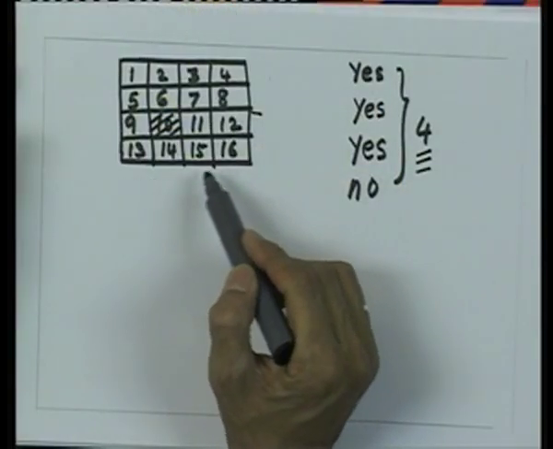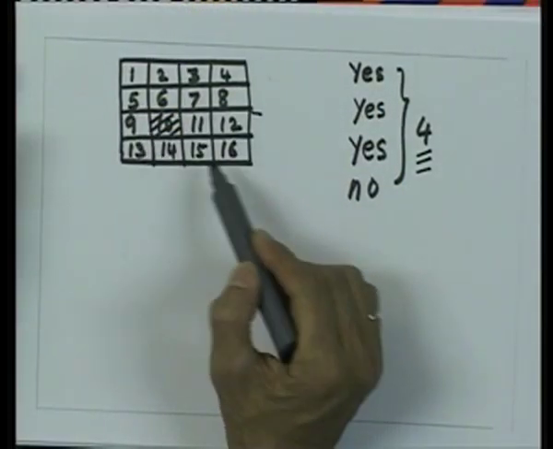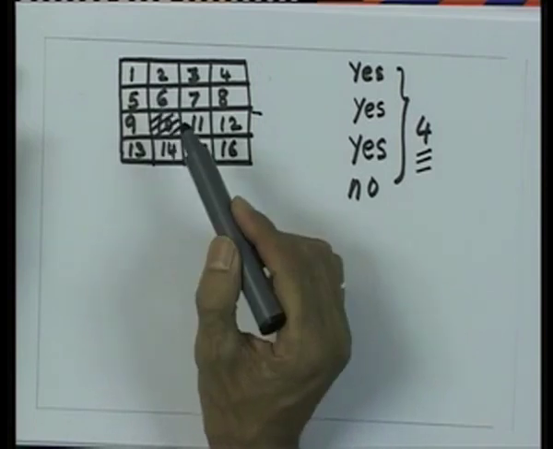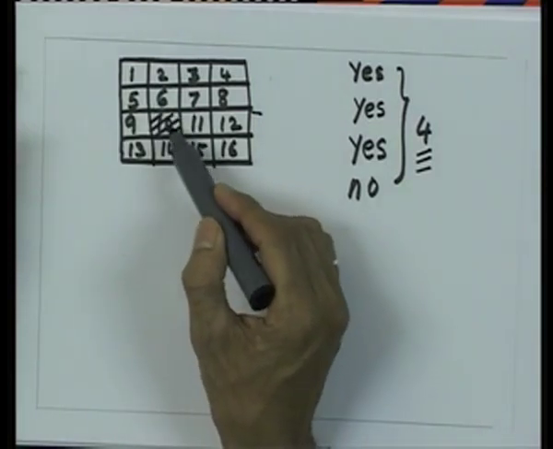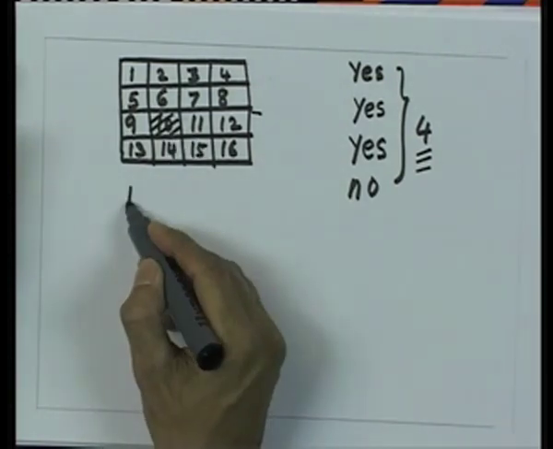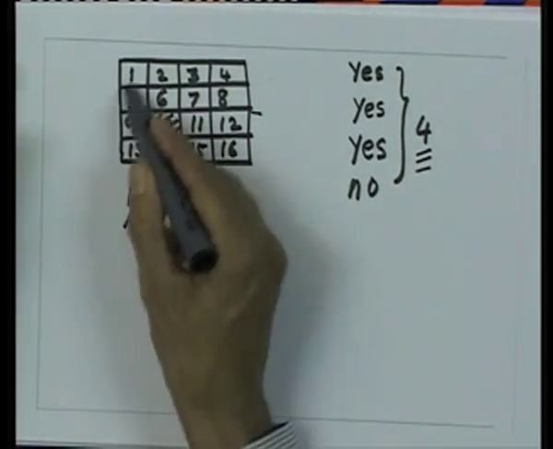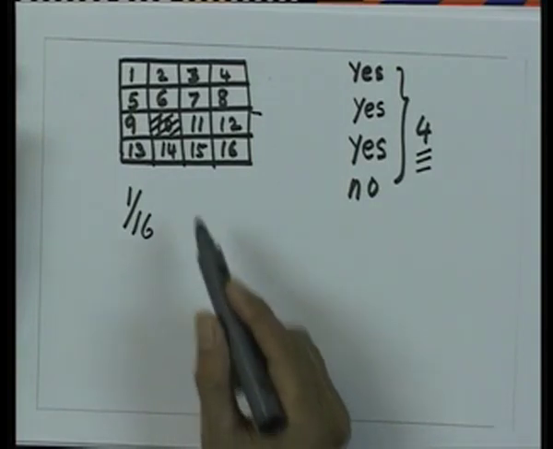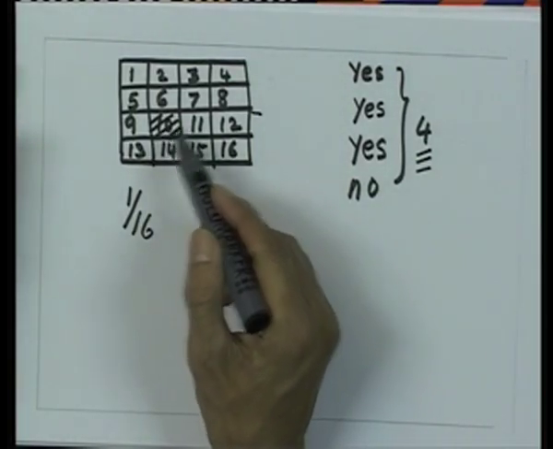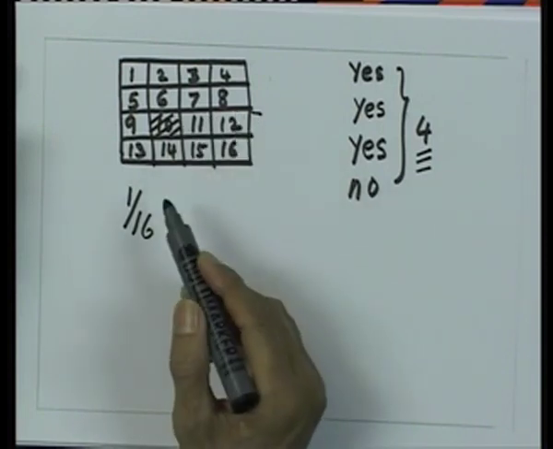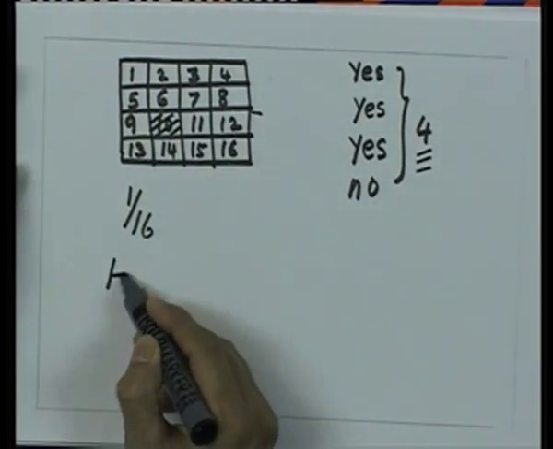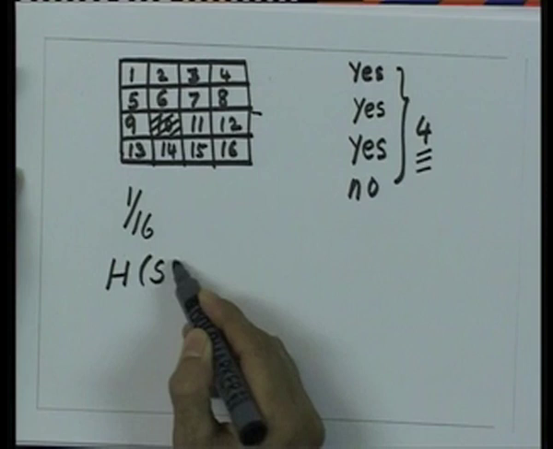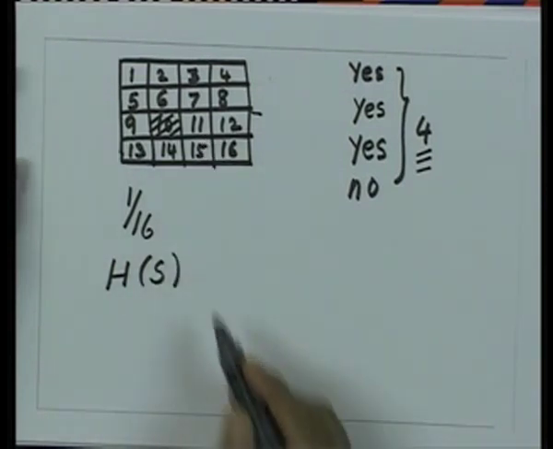If you look at this from the information theory point of view, I can say that the probability of marking any grid would be 1 by 16, because I have 16 values out here, and any grid can be marked randomly or equiprobable.